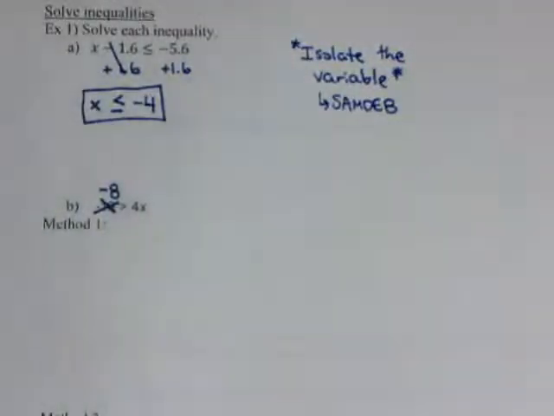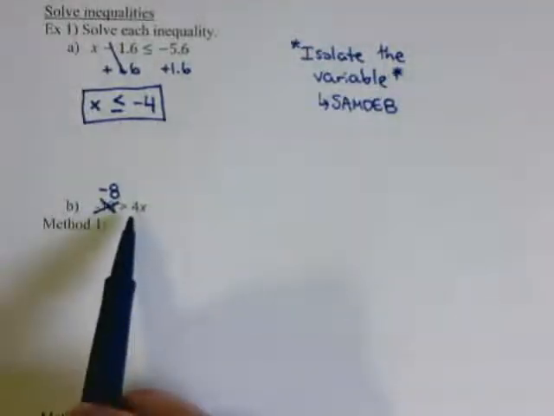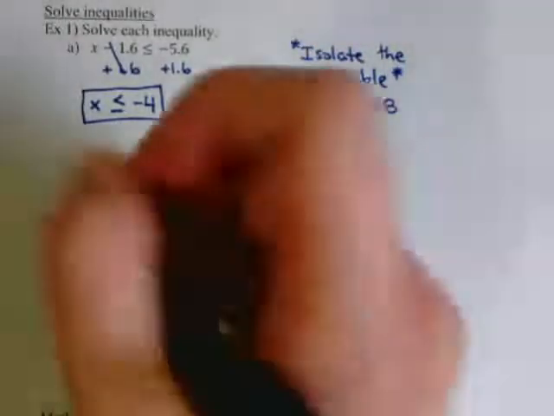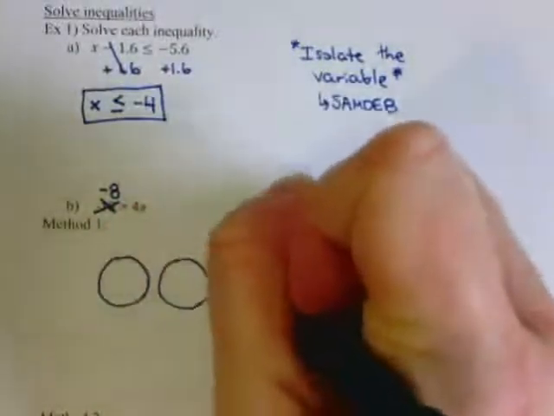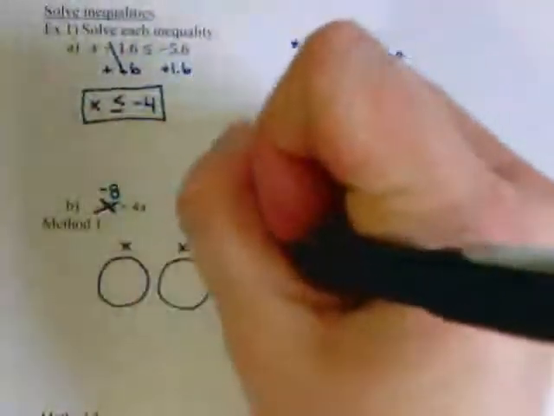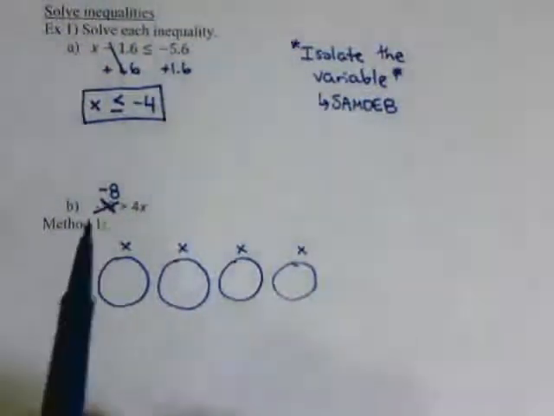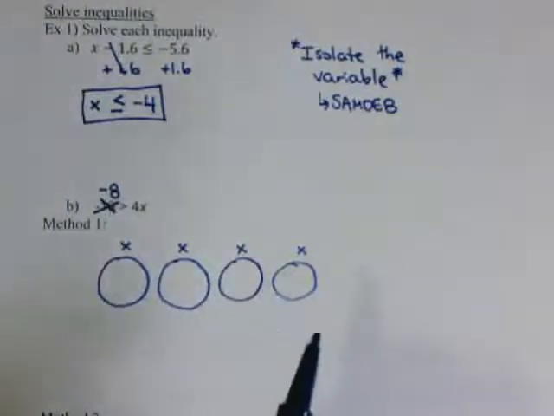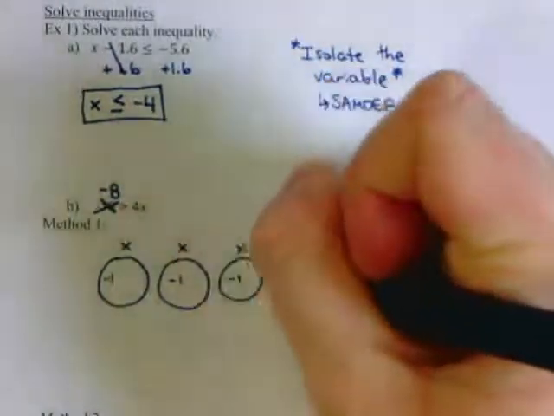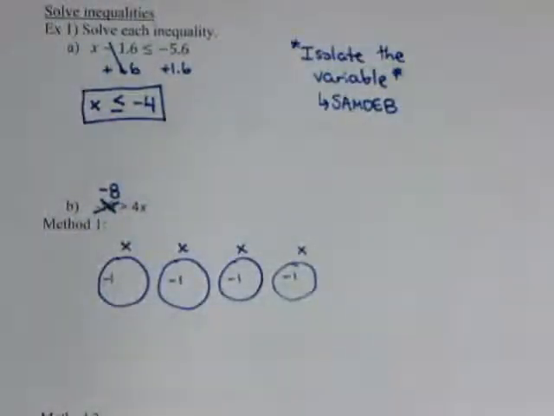So if we do this symbolically, what we need to do here is represent this 4x, so we're going to create 4 circles. Each circle represents x. And then we take this -8 and distribute it evenly between each one of these x groups, okay? So -1, -1, -1, -1, that's -4.